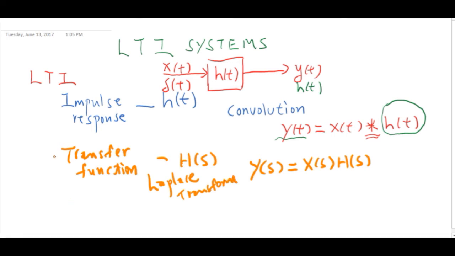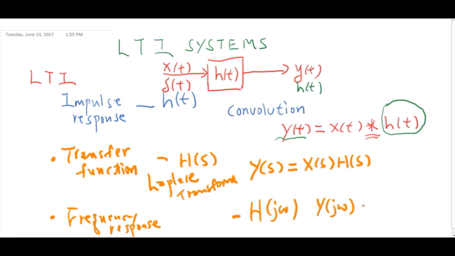Another thing, the last one, is that we can do it from the frequency response. The frequency response is H of j omega. We know that j squared is equal to minus 1, and omega is the angular velocity.